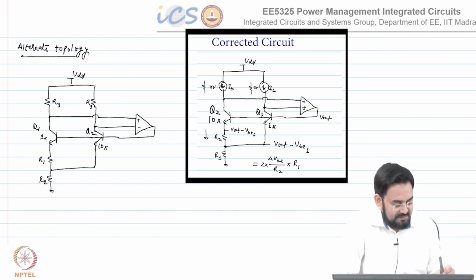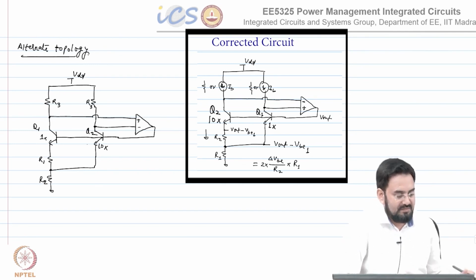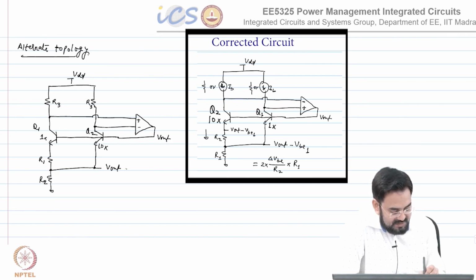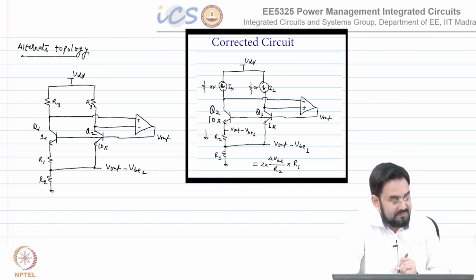Now, just apply simple KVL and see what would happen. If this is your Vout, what is this voltage? Vout minus VB2. Okay, what is this voltage? Vout minus VB1.